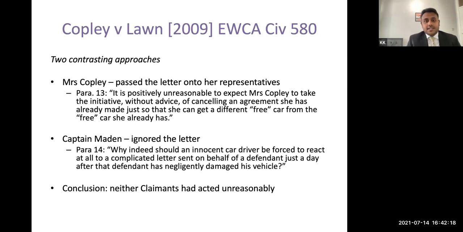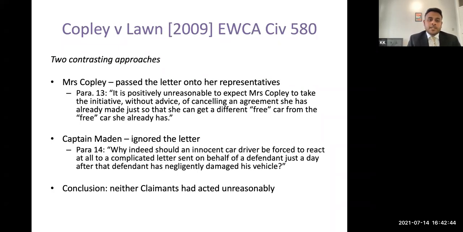And arguably, it's the entirely proper thing to do, because once you're involved in a road traffic accident and you are receiving correspondence from the other side, no doubt it is a stressful experience. It's of course common sense, one would say, to pass on any documentation to those who are trained and responsible for advising you in the right way.